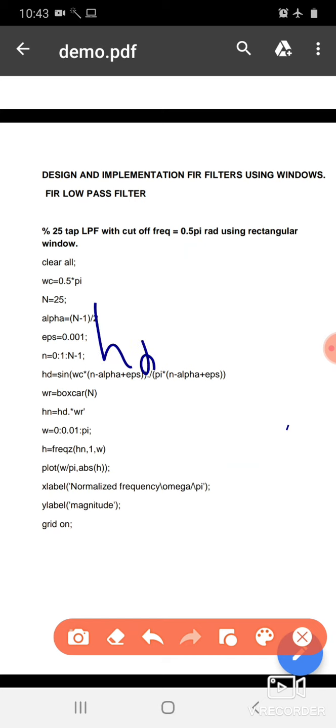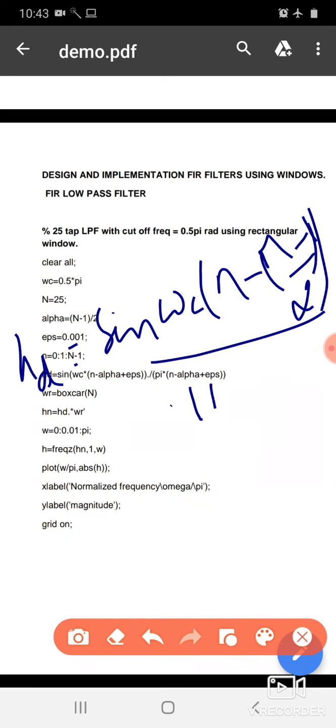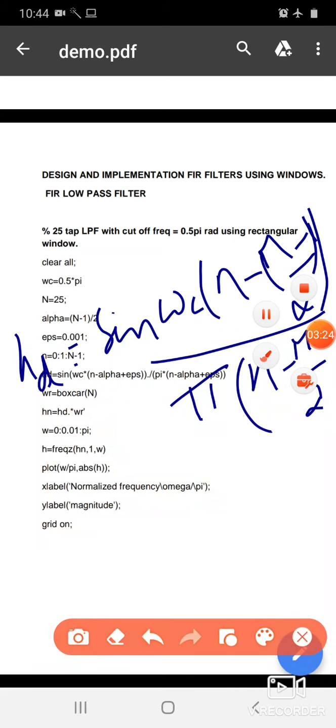It's taken as hd equals sine omega c, cutoff frequency, into n minus (m minus 1) divided by 2, in brackets, divided by pi into n minus (m minus 1) divided by 2. This is what we are going to use here.